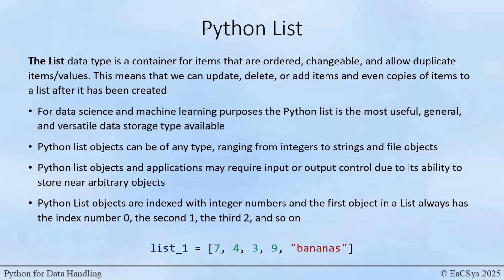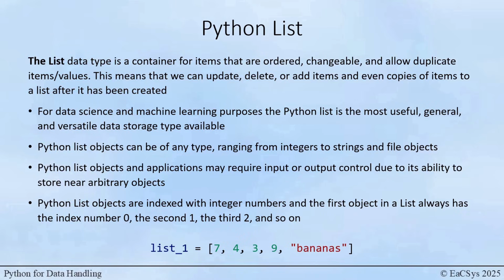The technical properties of the list are that list items are indexed with integer numbers, and that the first item in a list always has the index number 0, the second 1, the third 2, and so on. Lists have the advantage that we can address a position in the list by referring to an integer number. And Python creates lists through items separated by commas within brackets.